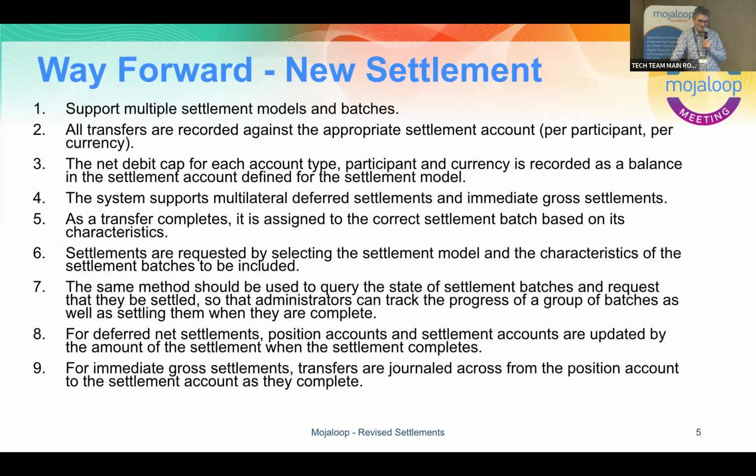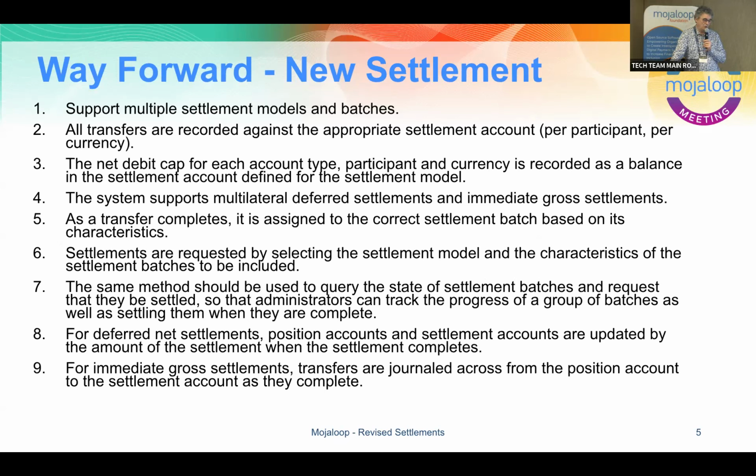Okay, these are nice wordy slides, aren't they? But rest assured, it's going to look much better in a minute. So, what do we want to do? We want to support multiple settlement models and batches, and we want those batches to be definable by administrators. Our objective is for administrators, operators of schemes, not to have to go back and make changes to code in order to implement new settlement models.